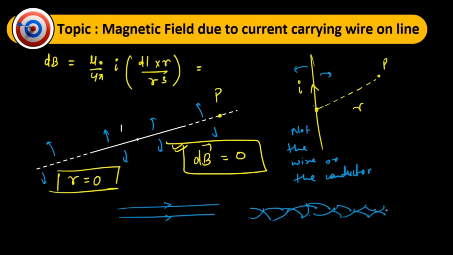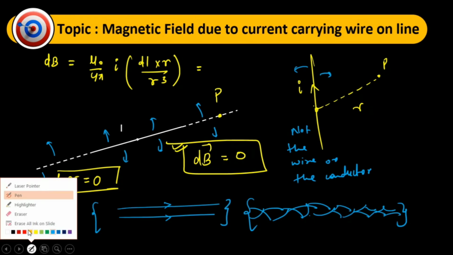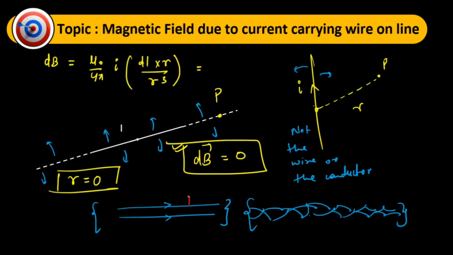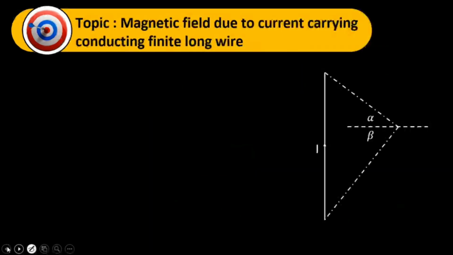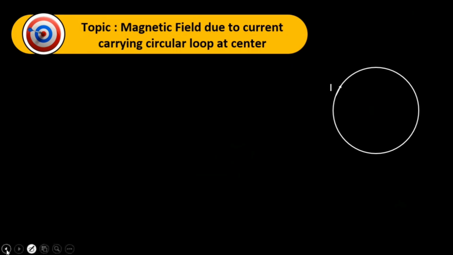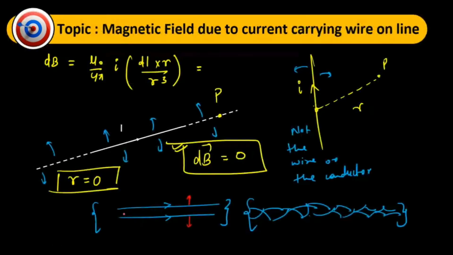It is because whenever two parallel wires carrying current are placed parallel to each other this way, their natural tendency is that they will push each other away.